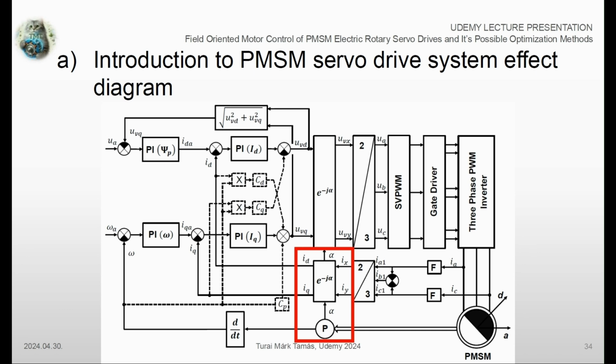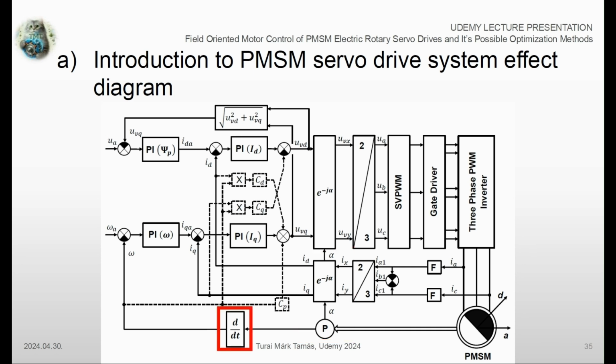Note that these direct and quadrature current components are fictive representations of the three-phase current system of the PMSM motor. Their only intention is to ease the work of the proportional integral regulators by describing the AC three-phase physical quantities as DC components in the DQ frame.